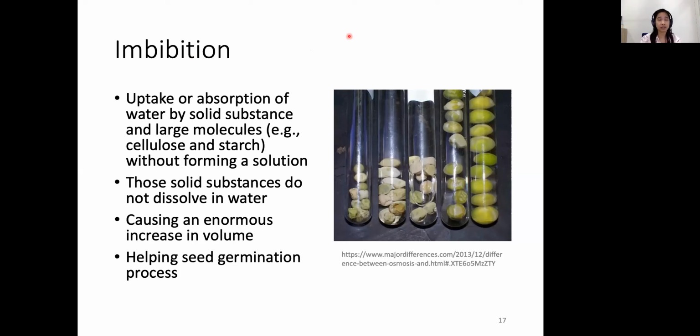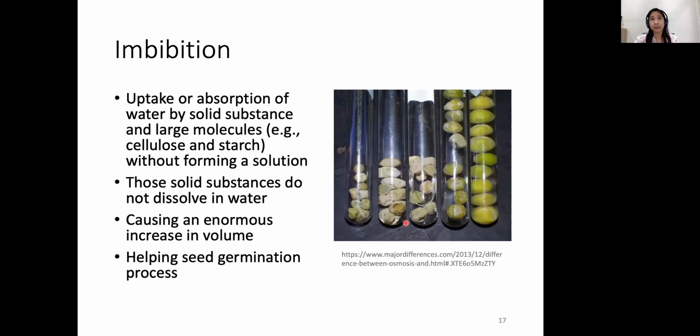Starch and large molecules cannot be dissolved in water. They just take up water, absorb water. Those solid substances do not dissolve, and it can cause a tremendous increase in volume. This process helps seeds to germinate.